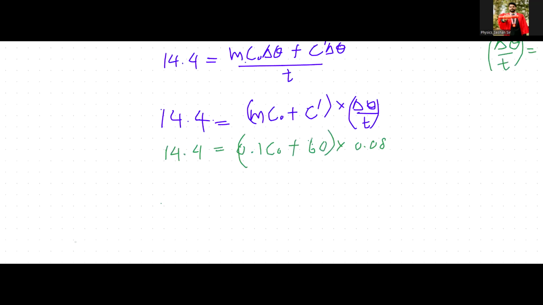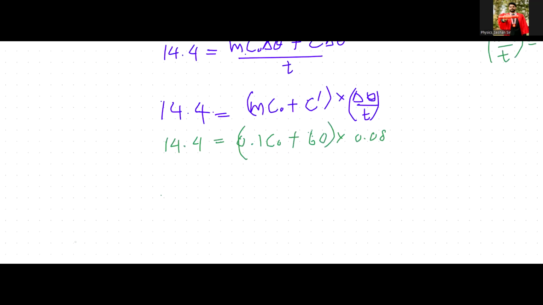Now look at it very carefully. Now I have here 1440. Then here we have 0.1 into C naught plus 60, and also into 0.08. Take that 0.08 to the other side, since it is a division.